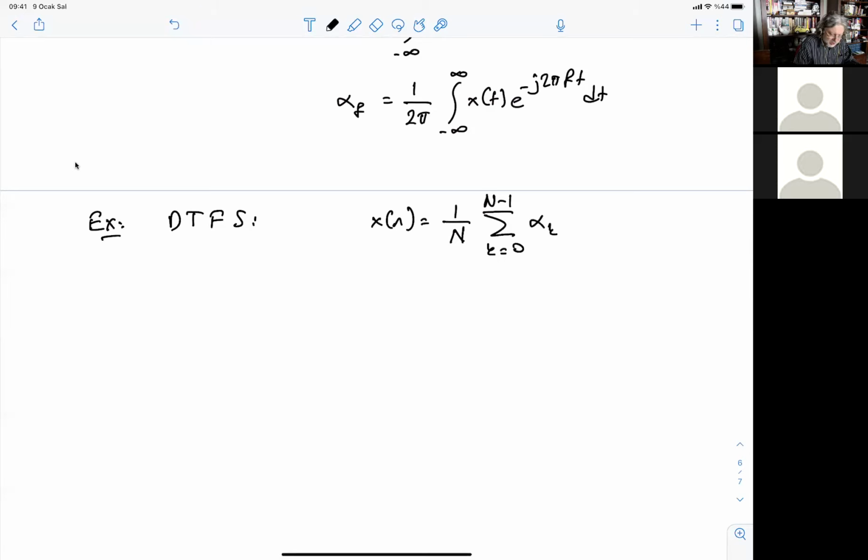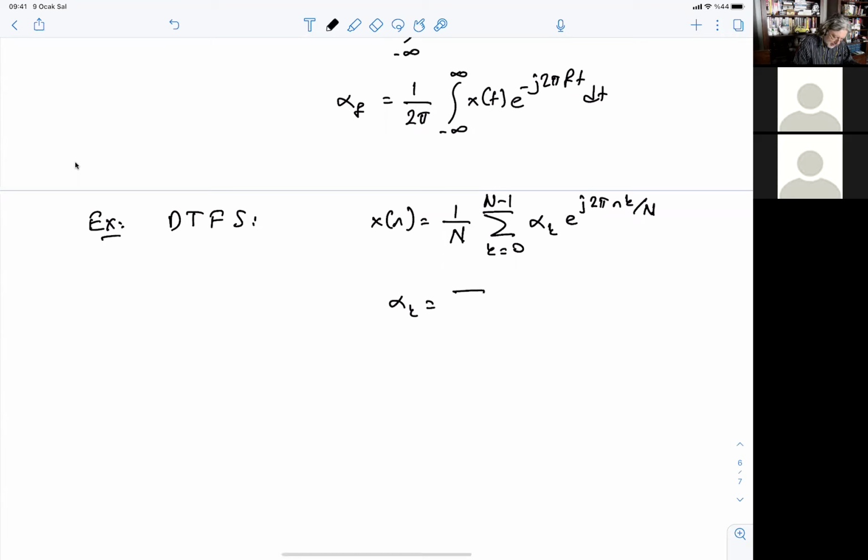Alpha_k, which are the Fourier series coefficients in discrete time, times e to the j 2 pi n k over capital N. So k is the Fourier series coefficient index, and n is the time index. How do we find alpha_k then? We don't need to use the 1 over N, because it's already used in the inverse transformation in the first line.